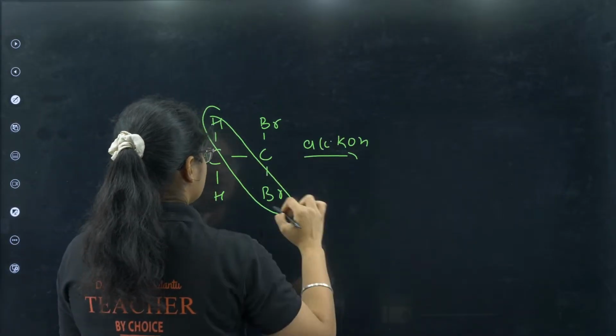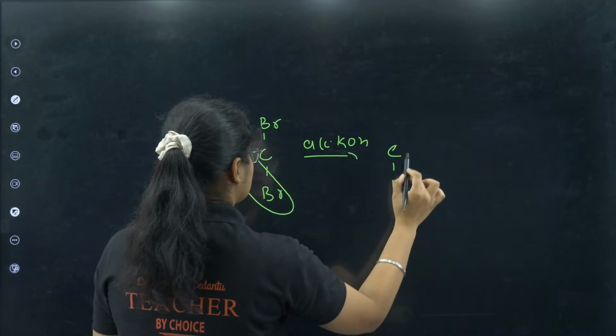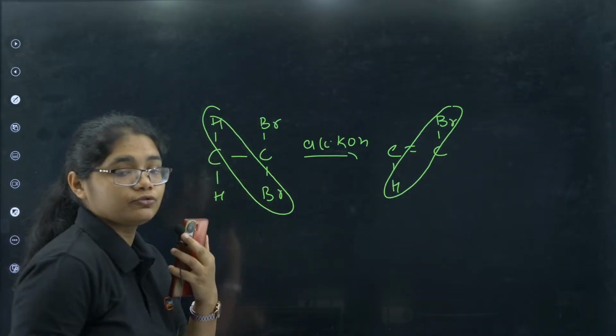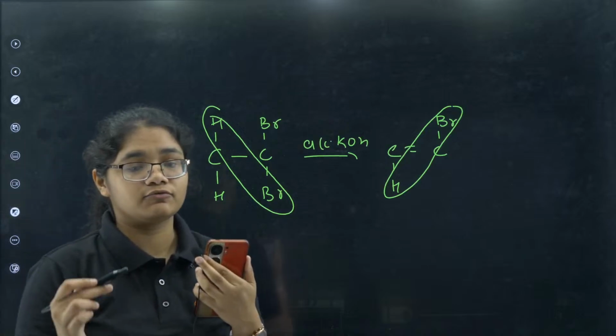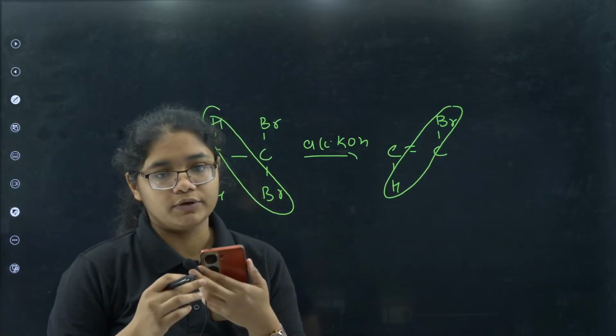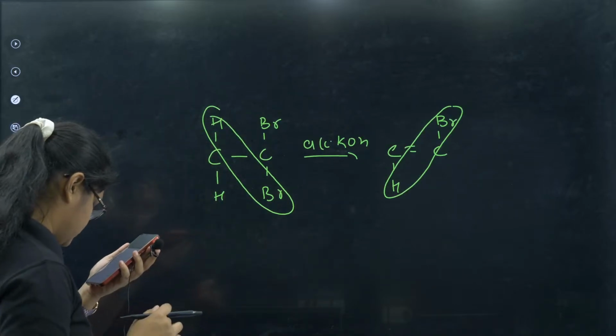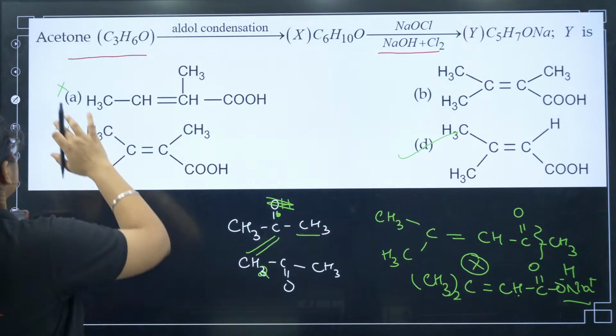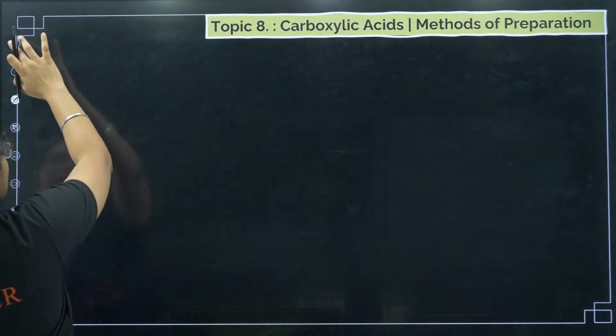That will give me CH double bond Br. Now again if I want to remove HBr, I should not use alcoholic KOH. At that time you have to use sodium in liquid ammonia. That is where it is used. Clear?